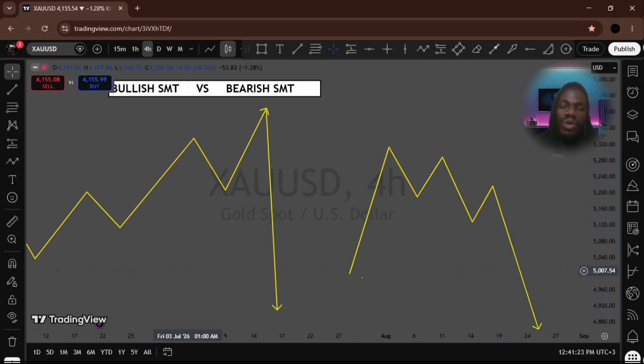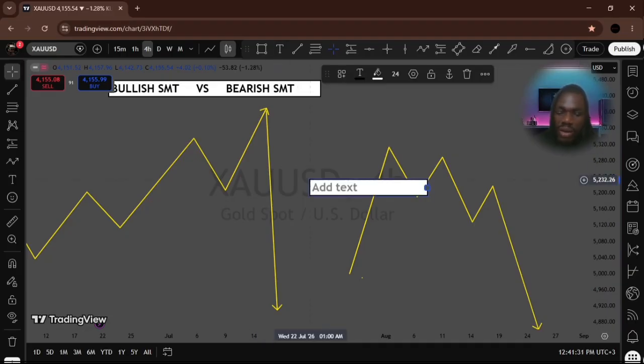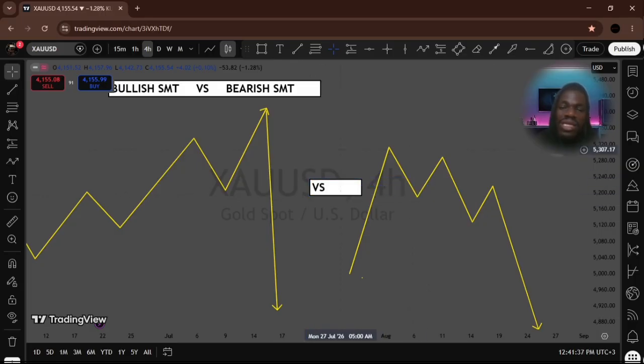This is what we call SMT divergence. This versus this, you can see how it is occurring. That's the biggest takeaway.